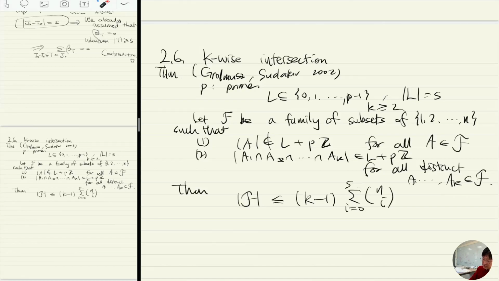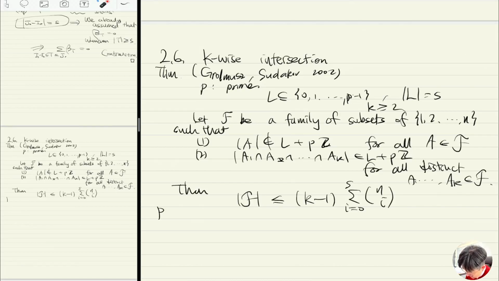Oh no, s, right? Then when you take the intersection of k of them, one of them must have size less than s. I don't think this is tight, but anyway, this is a bound.